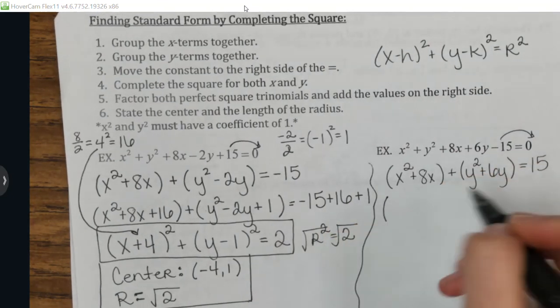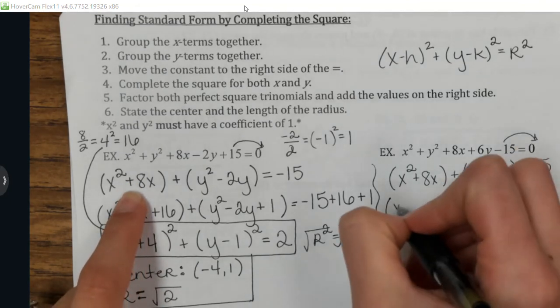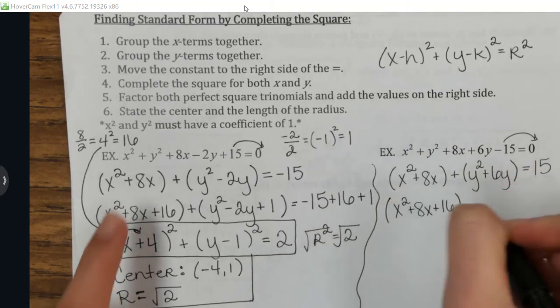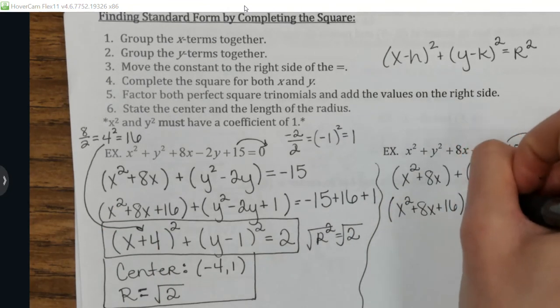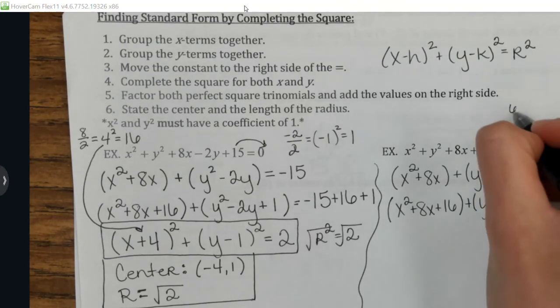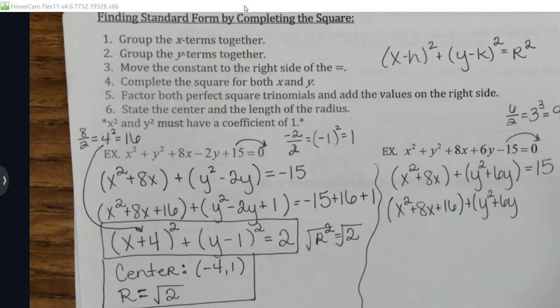If I complete the square, I've already done x squared plus 8x in the last example, so I know that's going to be x squared plus 8x plus 16. When I complete the square for y squared plus 6y, 6 divided by 2 is 3, 3 squared is 9.